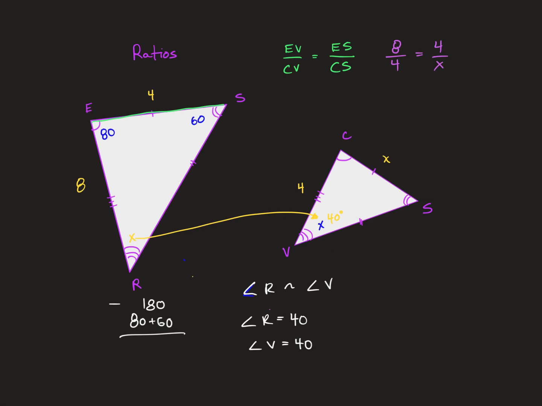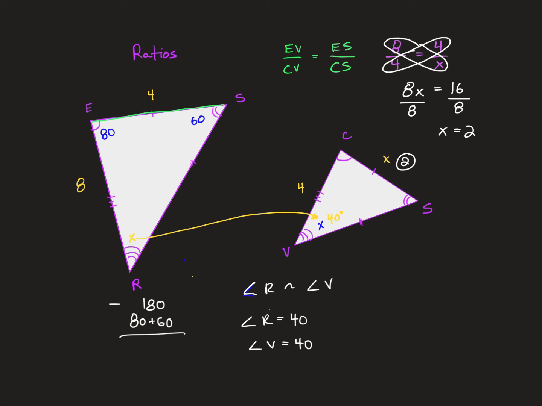We can cross multiply. 8x is equal to 4 times 4, 16. Divide by 8. X is equal to 2. And that would be a match, and this would reveal to me my missing side that I have here.